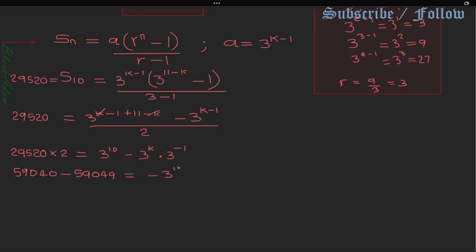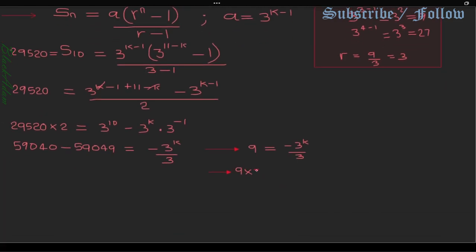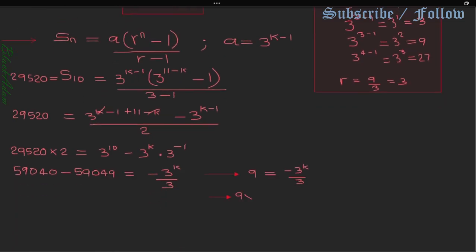Then we have -3 to the power k over 3, so 3 to the power -1 is 1 over 3. So that will give us 9 equals -3 to the power k over 3, then multiply that by 3. That is negative there, so it's -9.